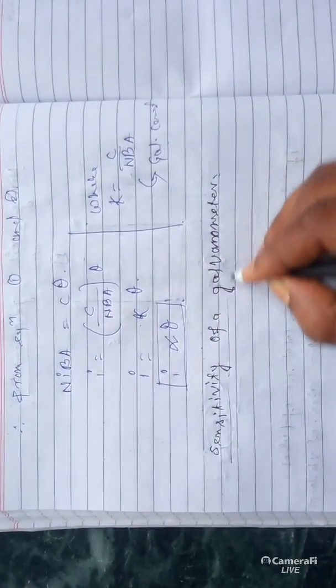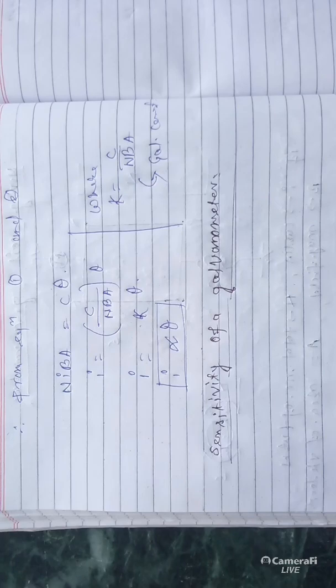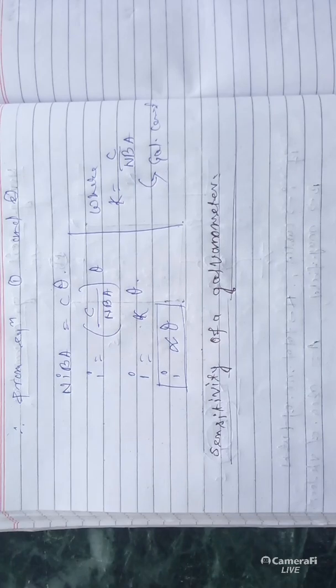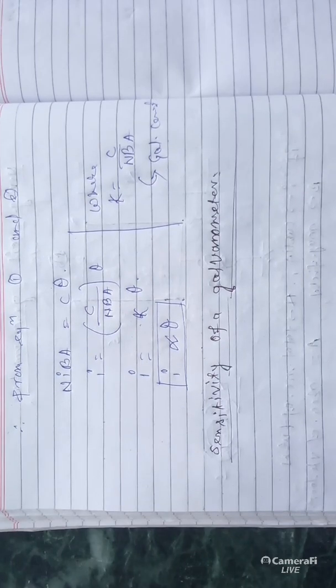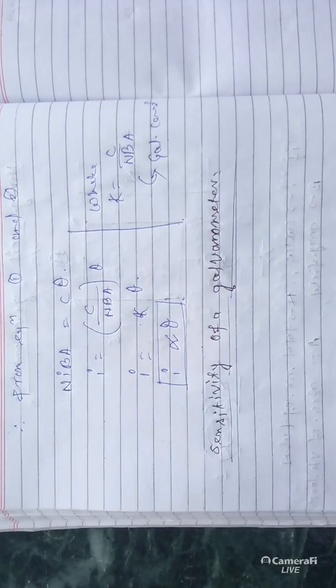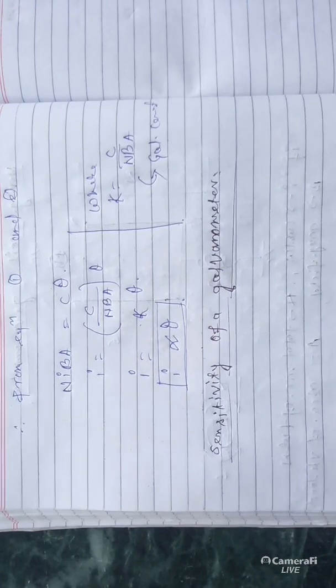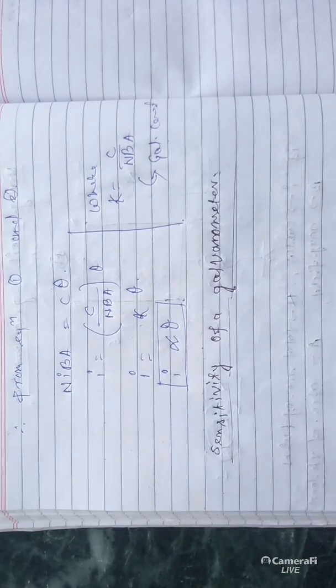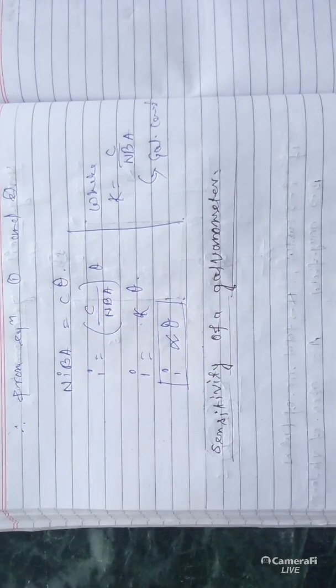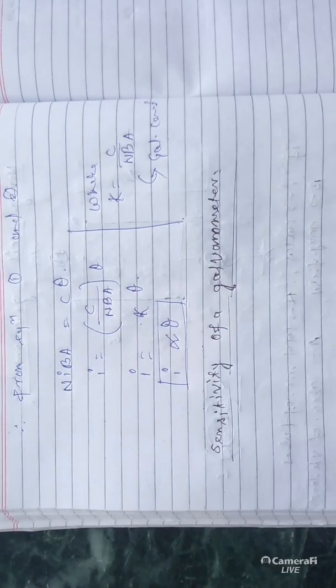What is the sensitivity of a galvanometer? It means most sensitive, most accurate. A galvanometer is said to be sensitive if it shows large deflection for small current. Suppose for this galvanometer the deflection is large even for small current, then it will be sensitive. Clear?